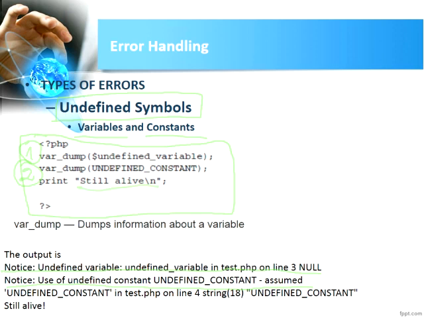After that, we will print still alive. So an undefined variable will be assumed as null. An undefined constant will be assumed as the value of the undefined constant, and after that we will print still alive.